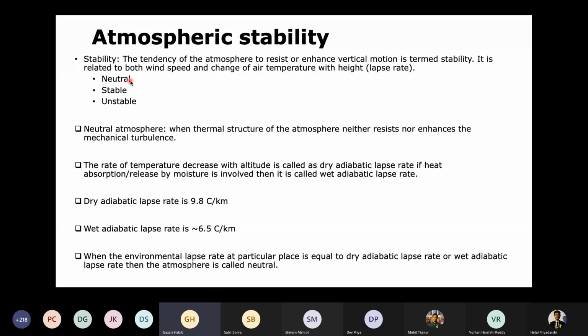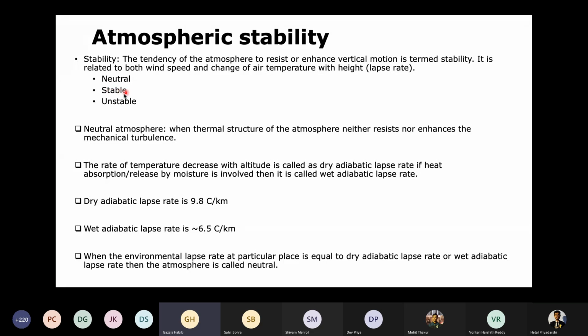That phenomenon is known as atmospheric stability. So the first case, when the air parcel will not move up or down, is known as the neutral case. Stable case, when the air parcel will try to move up, but because the density inside the air parcel is higher than the outside density, it will subside. That is, it will go down or sink in the atmosphere.